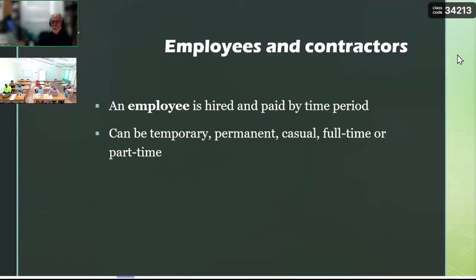They can be temporary employees. You can say, right, we just need you to work for 40 hours a week for the next 3 months, 6 months, or else they can be casual or permanent, which means you just sign them up by contract. If you need to take them on for 2-3 years, you can renew their contract after that.